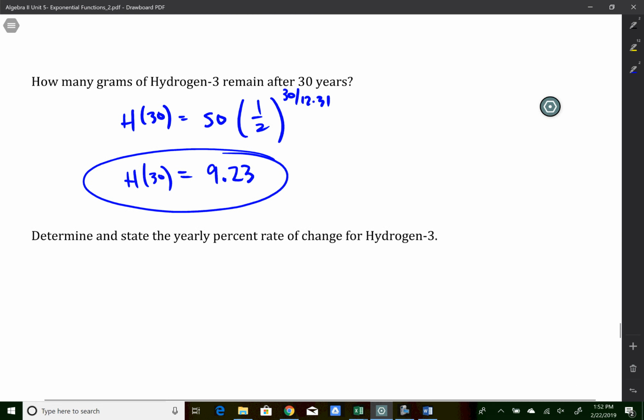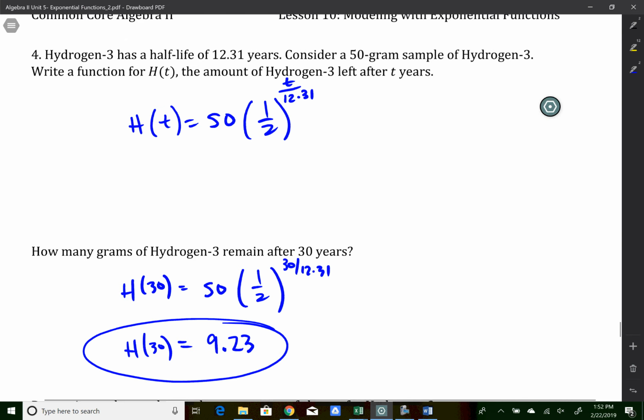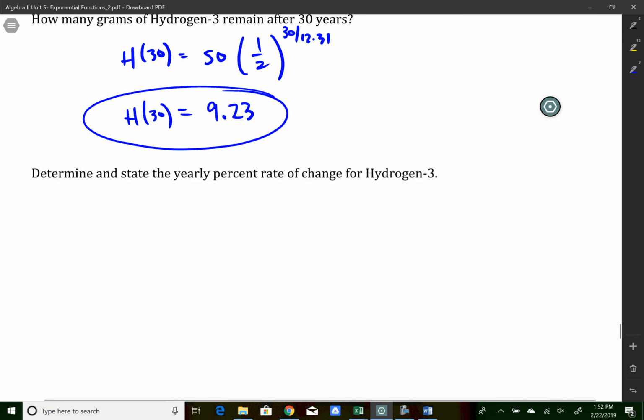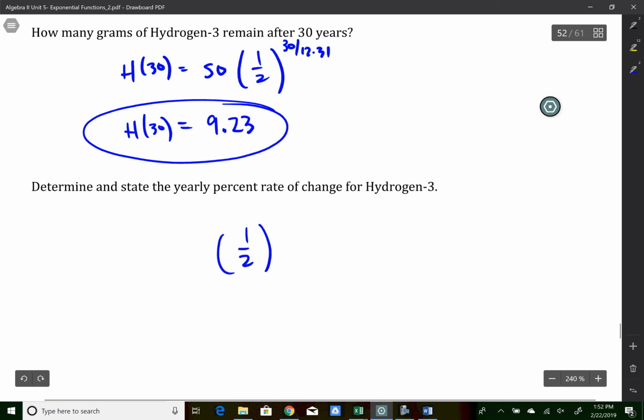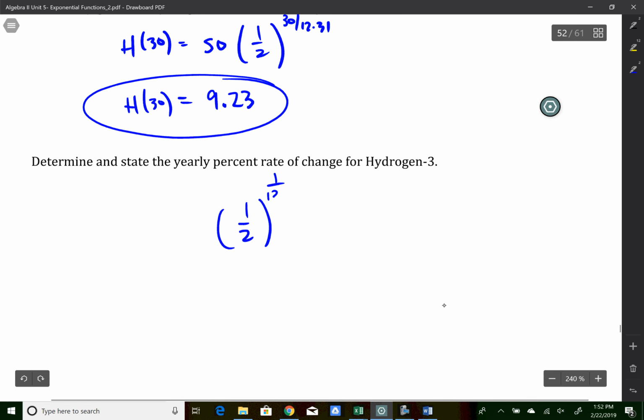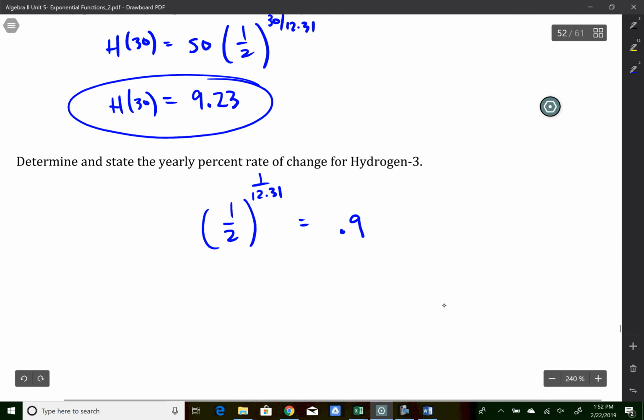And then it says determine and state the yearly percent rate of hydrogen-3. So to find the yearly percent rate, I really just care about the 1/2, and I want to raise it to the exponent of 1 over 12.31. So if I do 0.5 to the exponent of 1 divided by 12.31, I get 0.9452.